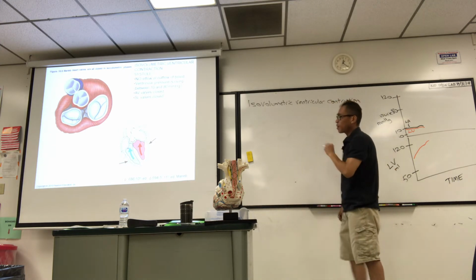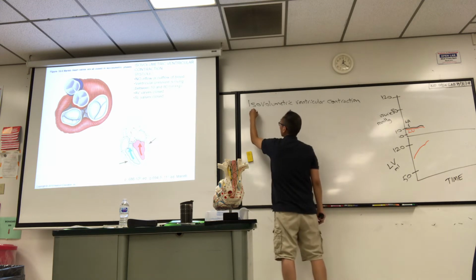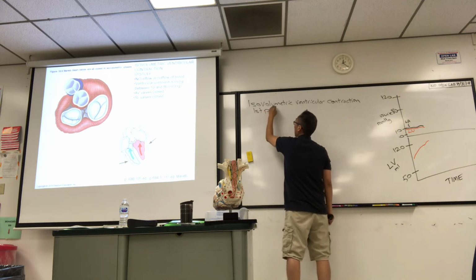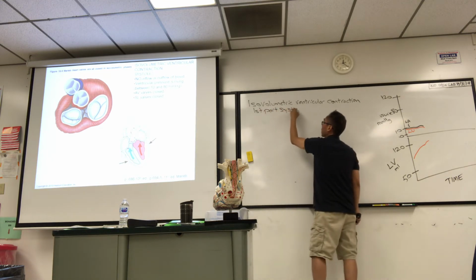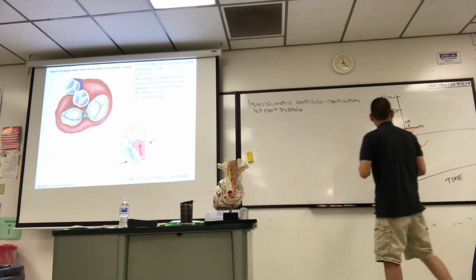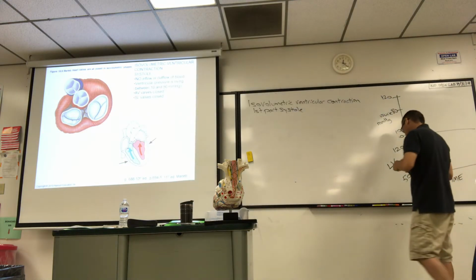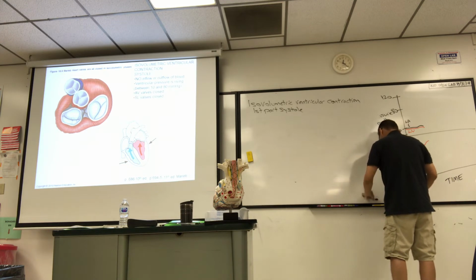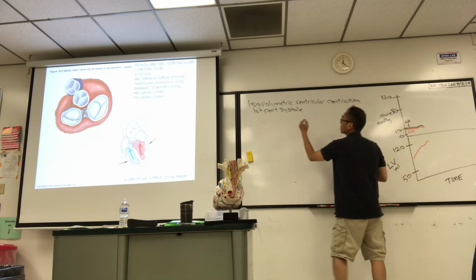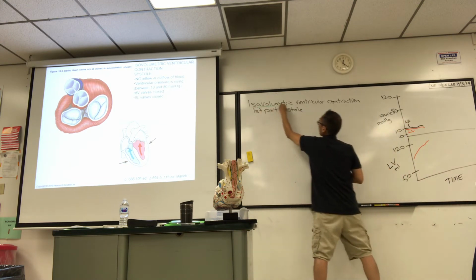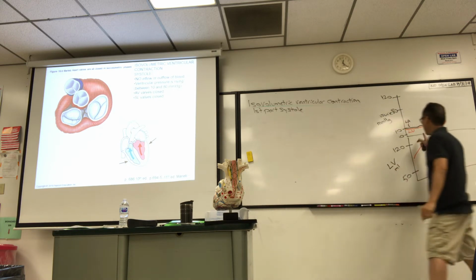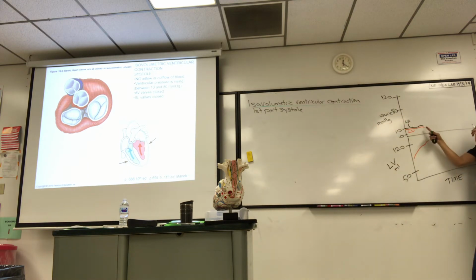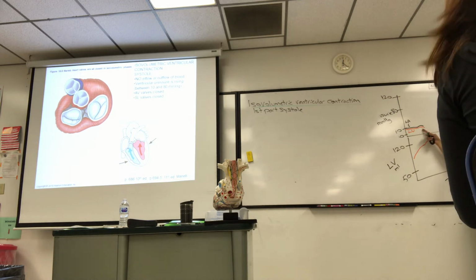Consider it the first part of systole. The heart is starting to generate pressure. So how about I use green? Basically, my LV, I changed the marker from orange to green on mine.